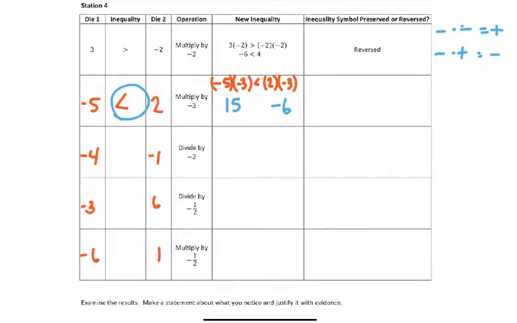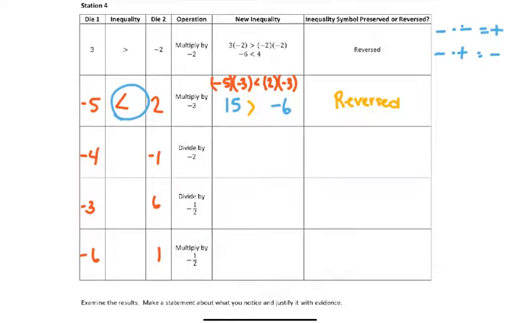No, I can't. 15 is greater than -6. So I need to change that inequality symbol from a less than sign to a greater than sign, meaning that my inequality symbol was reversed. Okay, let's take a look at the next row down.